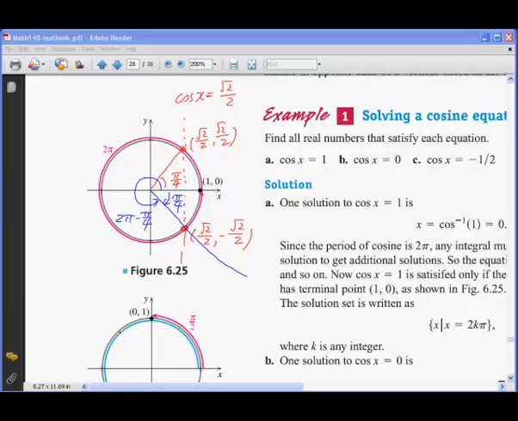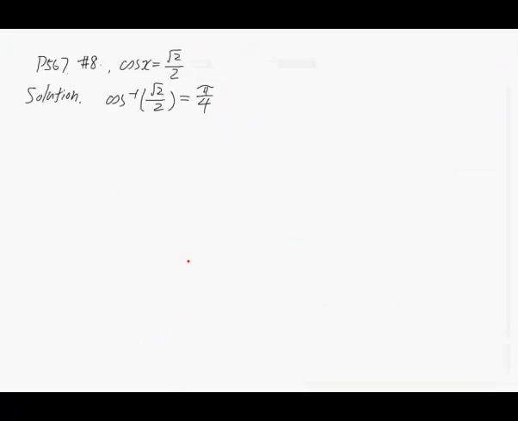And this is another angle between 0 and 2 pi for which cosine x is equal to root of 2 over 2. So in this way, we find the second specific solution to this equation, cosine x equal to root of 2 over 2. So right now, we have two specific solutions.